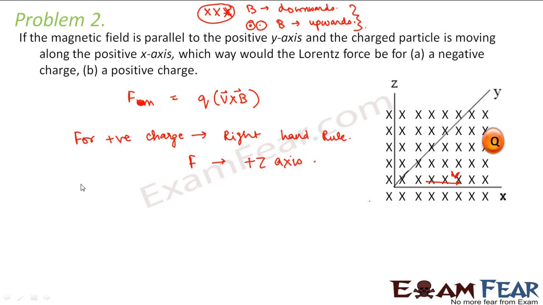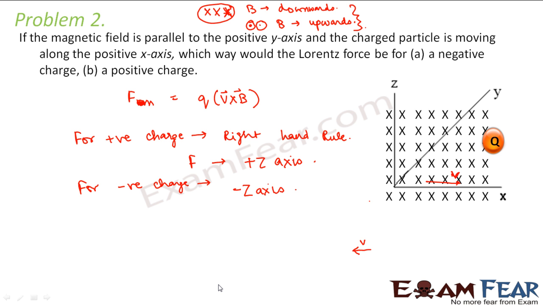Now if you consider a negative charged particle, the direction will reverse, so your direction will become the negative z-axis. A positive particle moving along the positive x-axis is equivalent to a negatively charged particle moving along the negative x-axis. You can try that also. For a negative particle, let us suppose the velocity is in this direction.